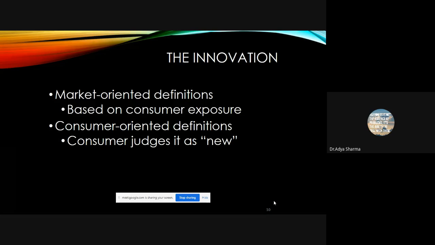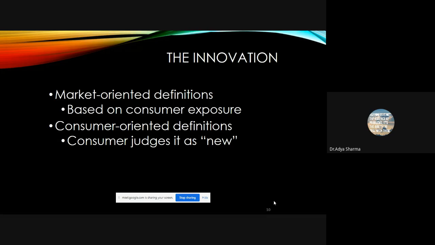So, for example, when color TVs were introduced in India in the 1980s, color TVs most probably existed in other parts of the world, but for the Indian market, we only got access to them in the early 1980s. But at the end of the day, from a marketing point of view, innovation is one which the consumer thinks is new. If your consumer does not think that you have innovated, then you have not innovated.